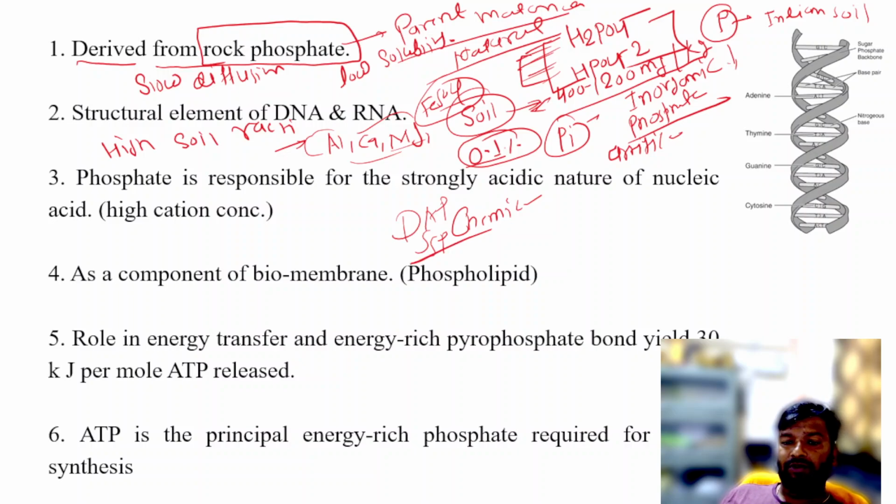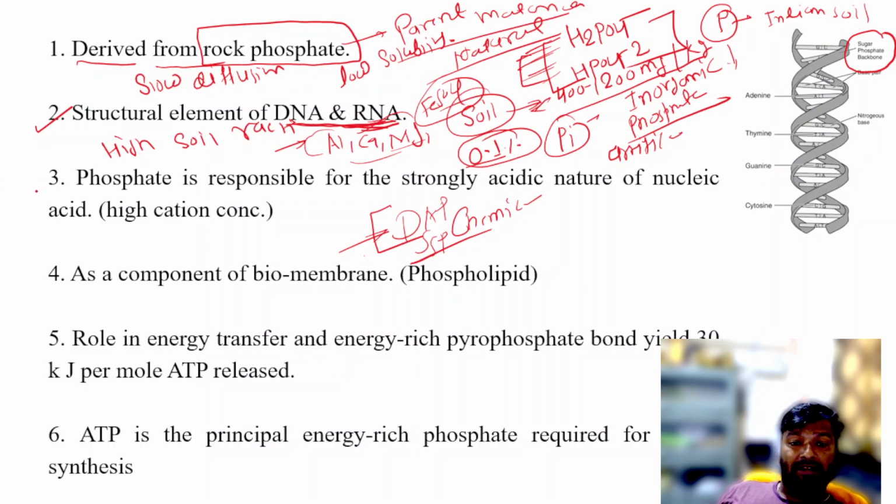These are the fertilizers which are added to supply phosphorus. The second point is that phosphorus is the structural element of DNA and RNA. It forms the sugar phosphate backbone of DNA and RNA.